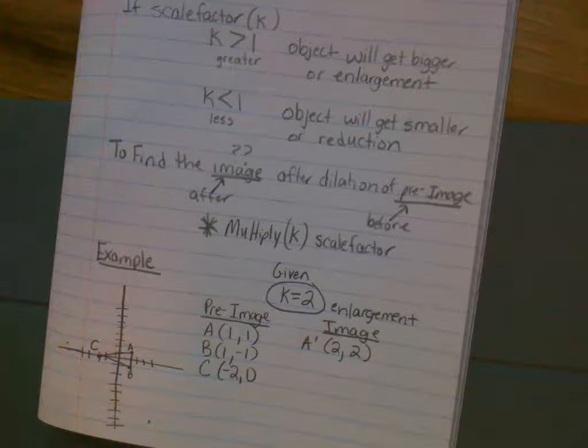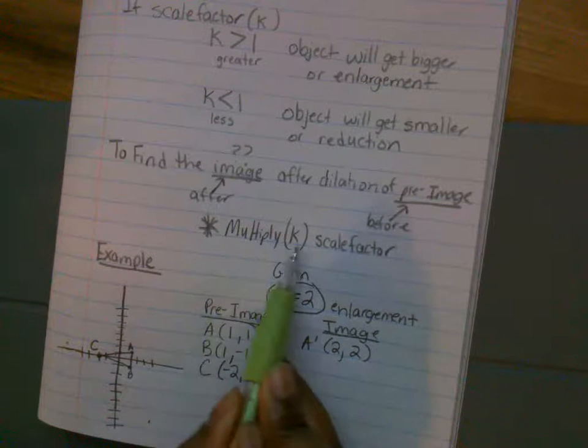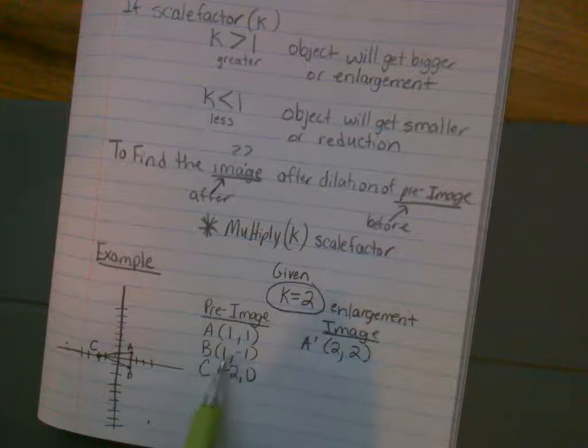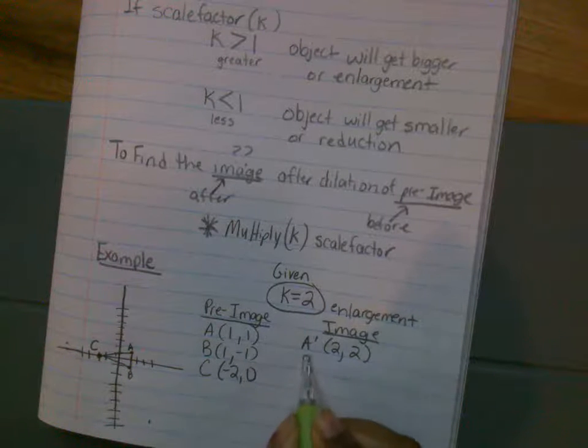Jacarlin, say again. Yes, you do. That is absolutely correct. You're going to multiply whatever K is right here. Whatever K is, you're going to multiply it times all of these numbers to get the new ordered pairs. So then can somebody tell me what B prime would be?